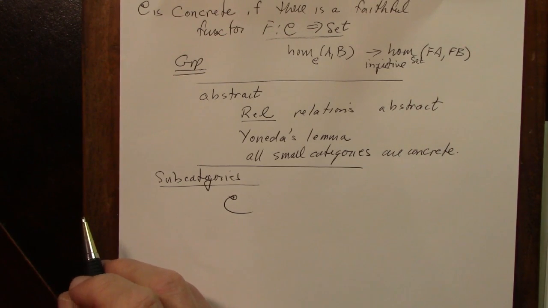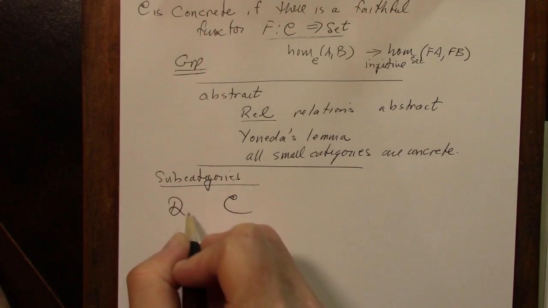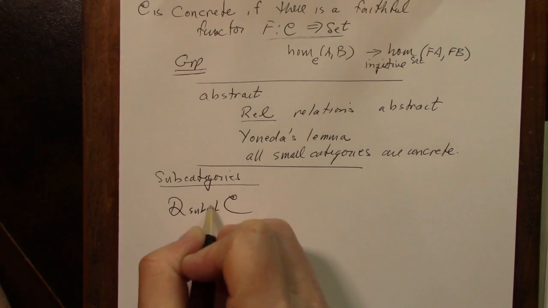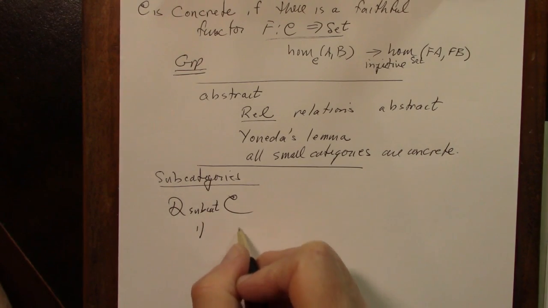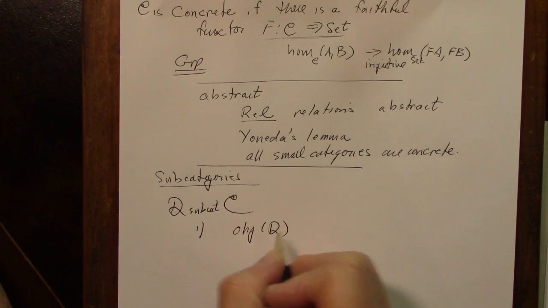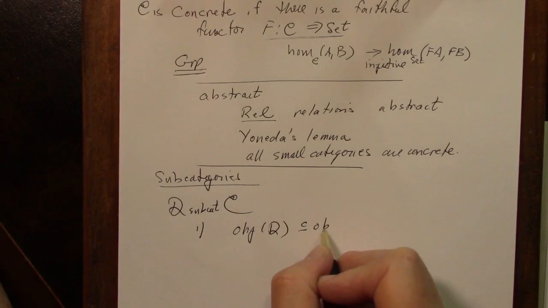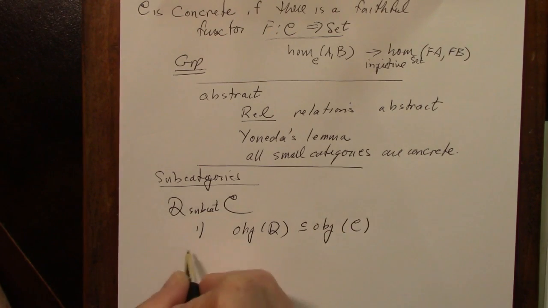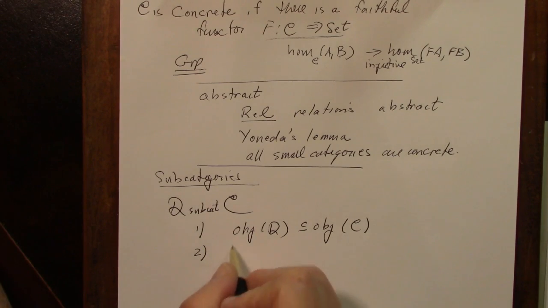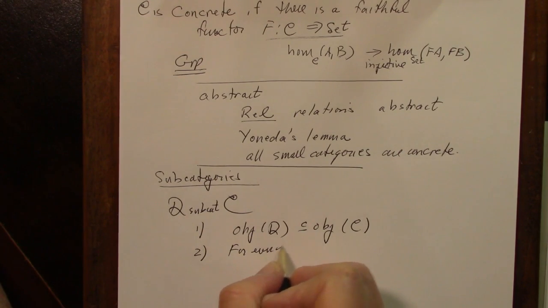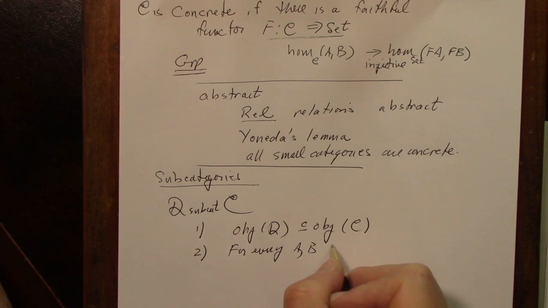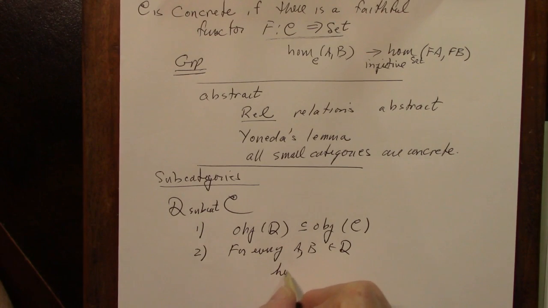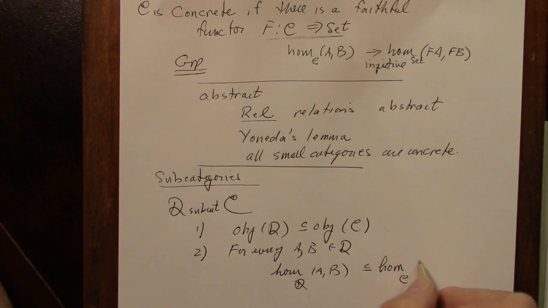More formally, D is a subcategory of C if the objects of D form a subclass of the objects of C, and if for every pair A, B of objects in D, Hom D of AB is a subset of Hom C of AB.